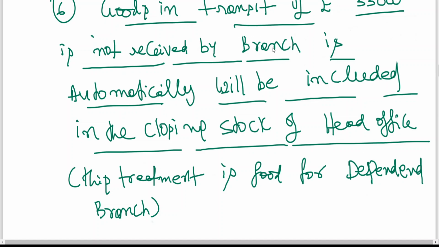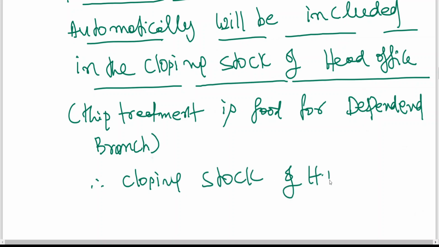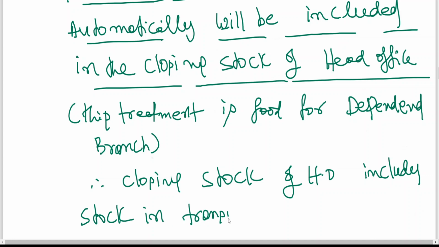Goods in transit of rupees 33,000 not received by branch is automatically included in the closing stock of head office. So therefore I can say that closing stock of head office includes stock in transit also.